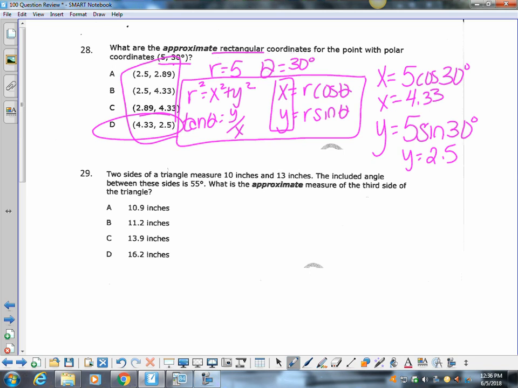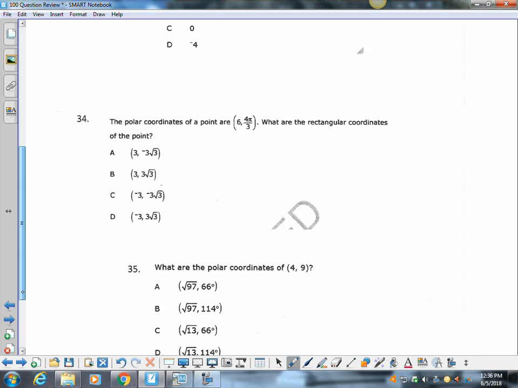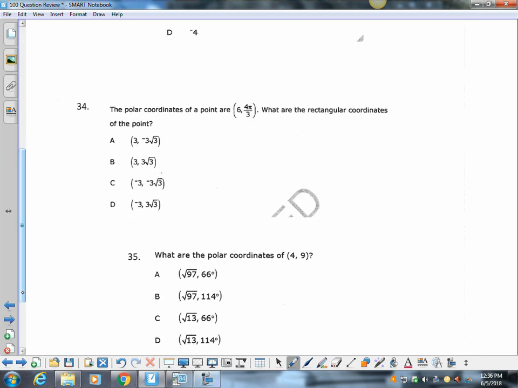Okay, now we're headed to 34. Again, these are polar, so that's r and that's theta. I want rectangular, so I want x and y. So x equals 6 cosine of 4 pi over 3, and y equals 6 sine of 4 pi over 3.